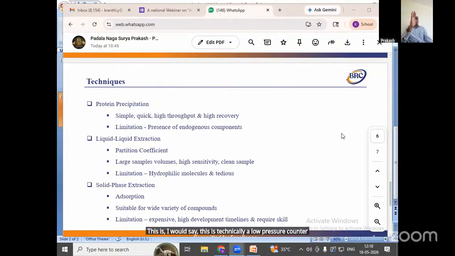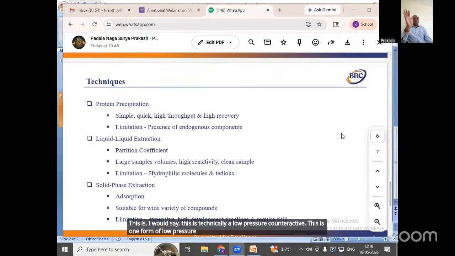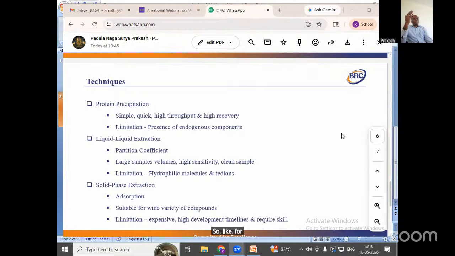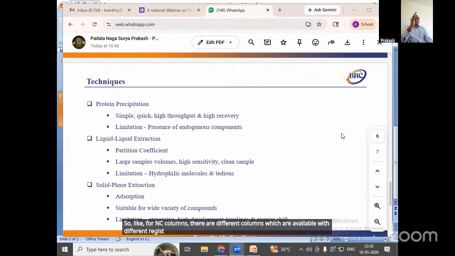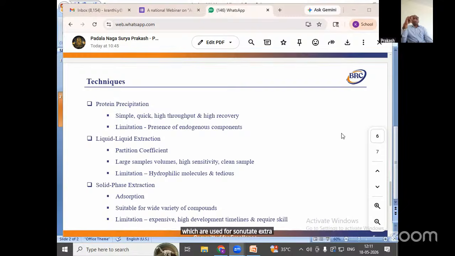It is one form of low pressure chromatography. Like for LC columns, there are different columns available with different chemistries. Similar to that, the cartridges which are used for the solid phase extraction technique also come in several chemistries.